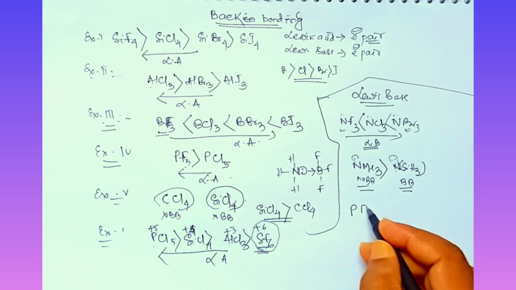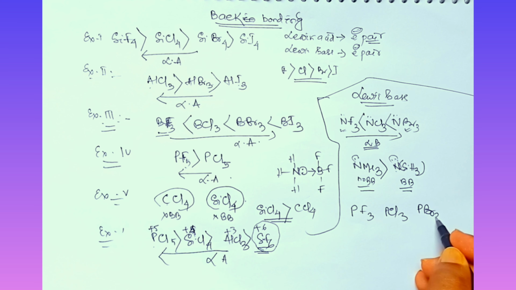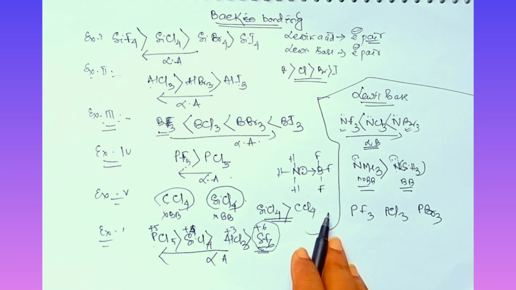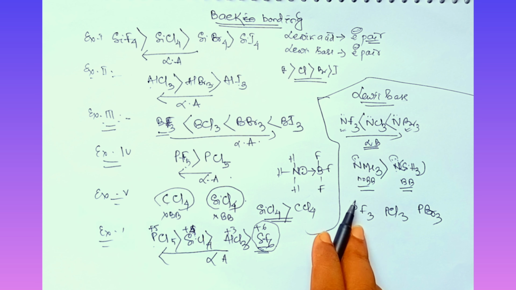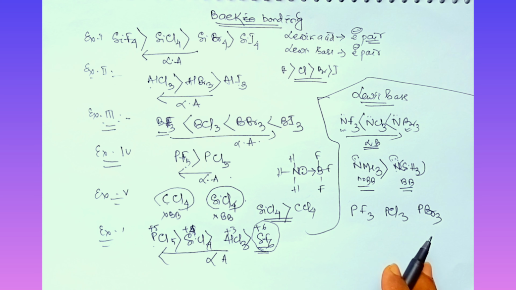Come to the last example, PF3, PCl3 and PBr3. Here there is a lone pair over phosphorus, and in fluorine also there is a lone pair. Since the electronegativity of fluorine is more, it should accept the lone pair from phosphorus, but it has no vacant orbitals. So we can easily discard the concept of back bonding here, and phosphorus also belongs to the third period, so we will not consider back bonding.